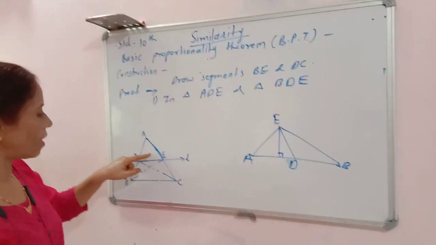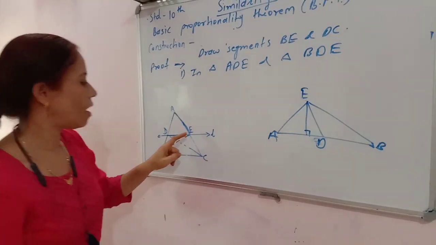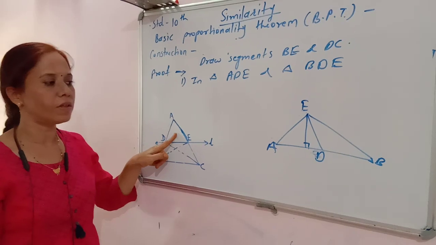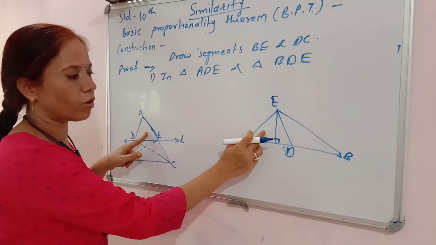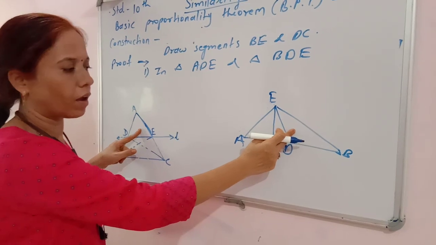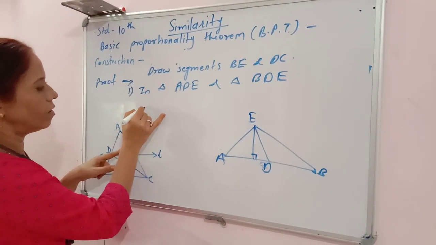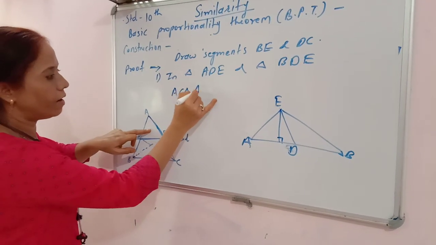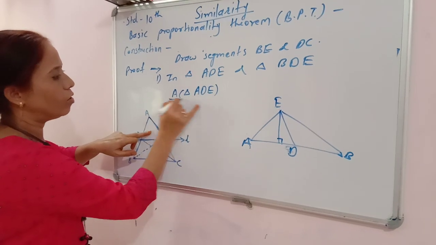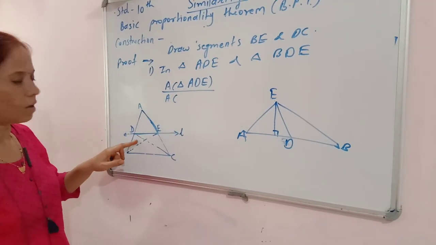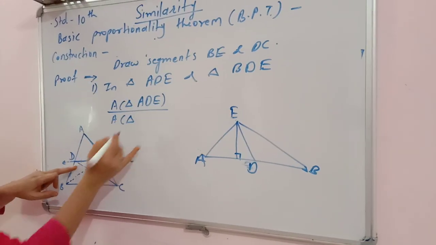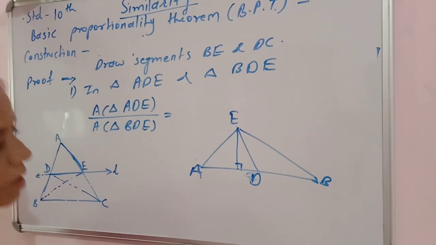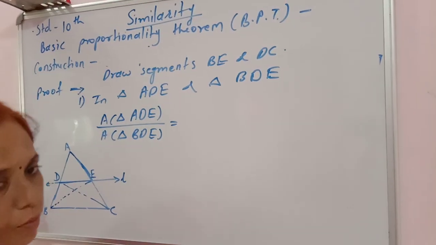If I draw a height, a perpendicular from point E, then that will be the height. So AD is the base of this triangle, and BD is the base of this triangle. So the ratio of their areas, area of triangle ADE to area of triangle BDE, is equal to the ratio of their corresponding bases.